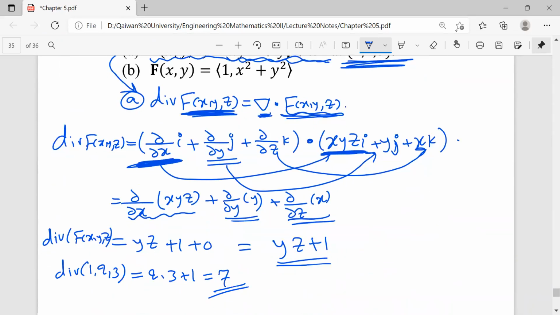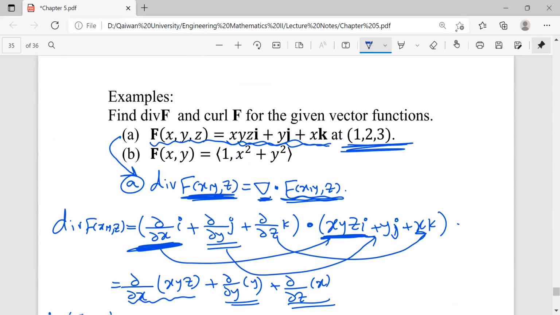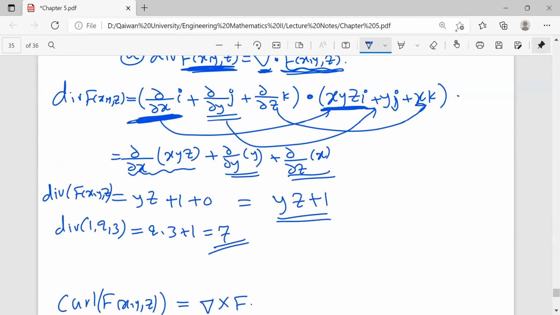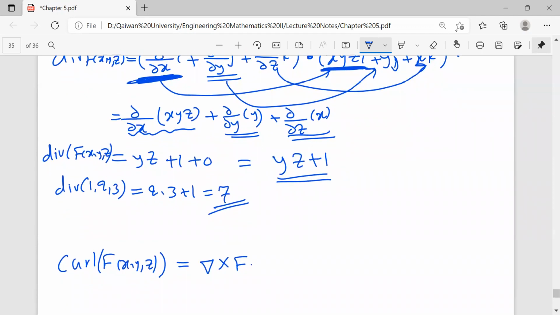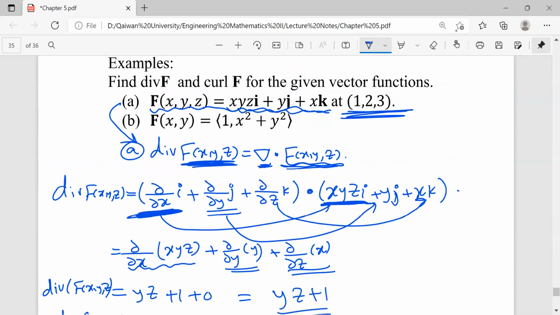To find the curl of the given vector field, the curl of F is the cross product of the del operator with F. The del operator is partial by partial x i plus partial by partial y j plus partial by partial z k, and F is xyz i plus y j plus x k.